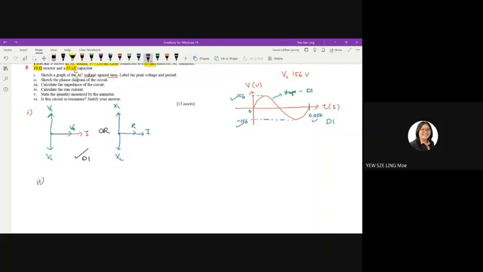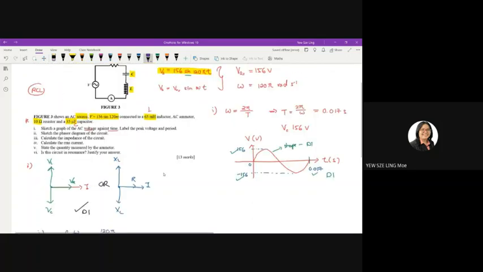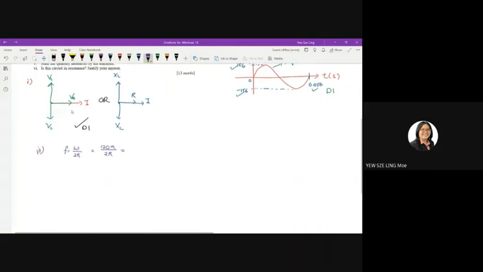Before that, since we are given omega, let us calculate f first. f equals omega over 2 pi, which equals 120 pi over 2 pi, which is then equal to 60 hertz.